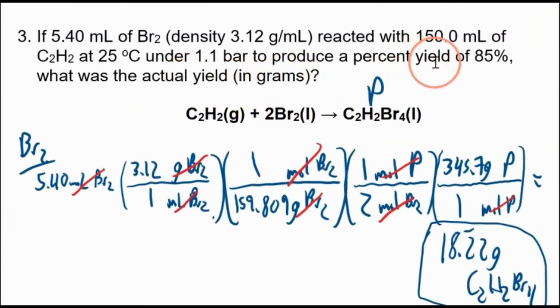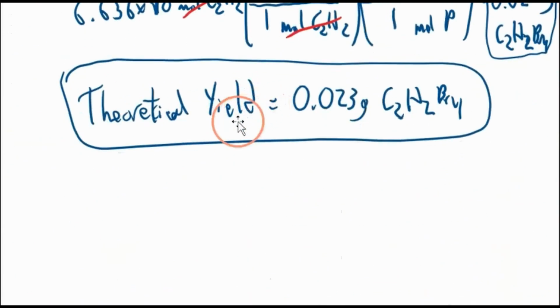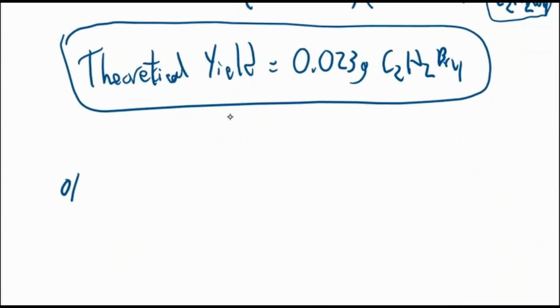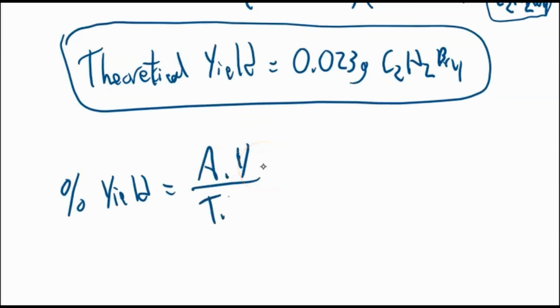We want to know what the actual yield is based on the percent yield. So we use our yield equation. Percent yield equals the actual yield divided by the theoretical yield, A over T, alphabetical order, times 100%.